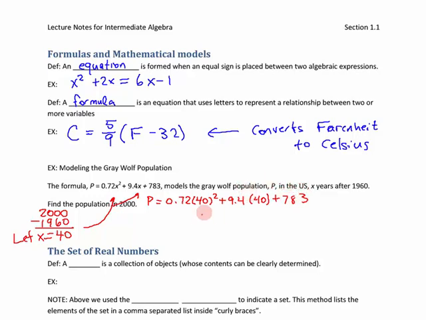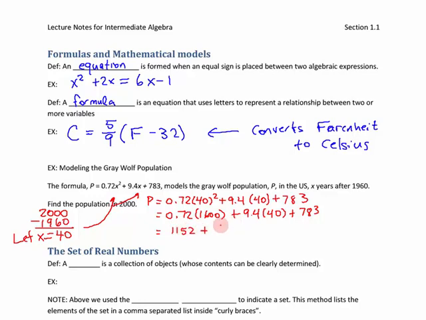Using order of operations, I will first do the exponent, so I have 0.72 times 40 squared, which is 1,600, plus 9.4 times 40, plus 783. Now I can perform my multiplications. So going across here, I take 0.72 times 1,600 in my calculator, I get 1,152.